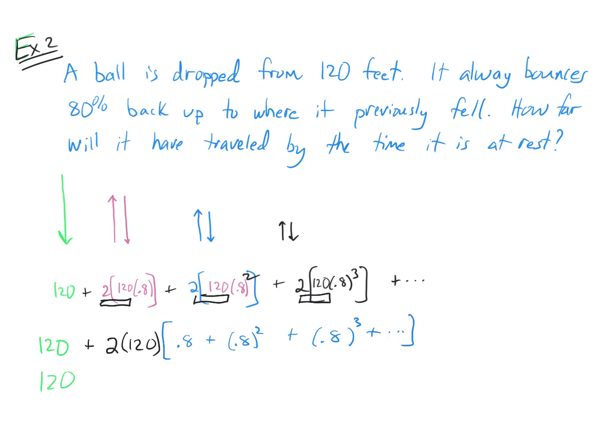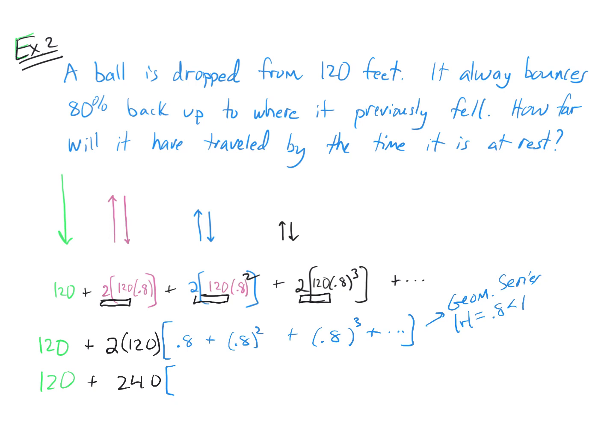So the total distance that this ball travels is 120 plus 240 times a geometric series where the absolute value of r is 0.8, and that's less than 1.